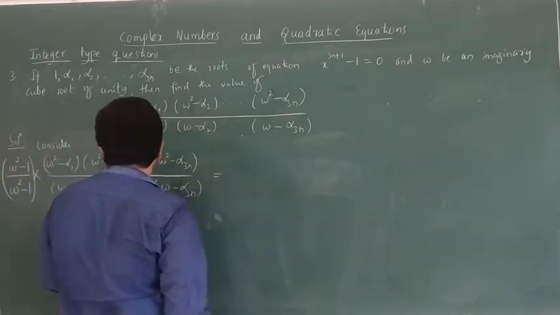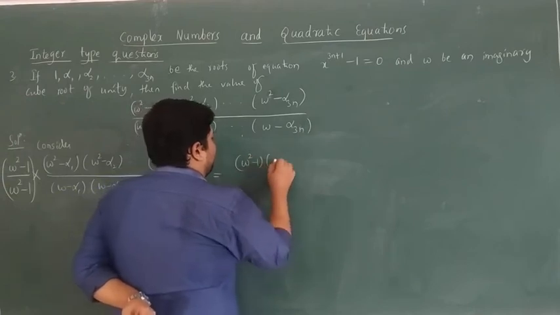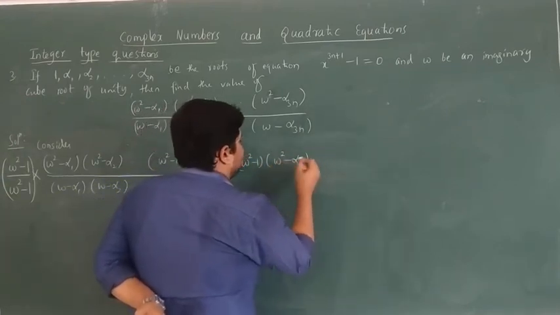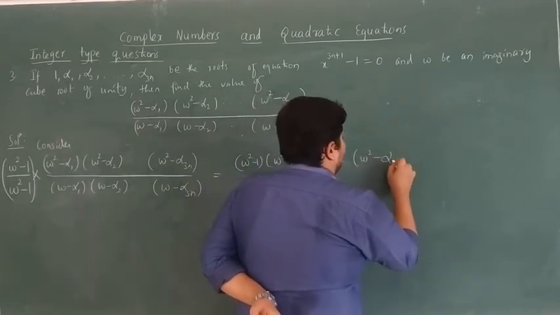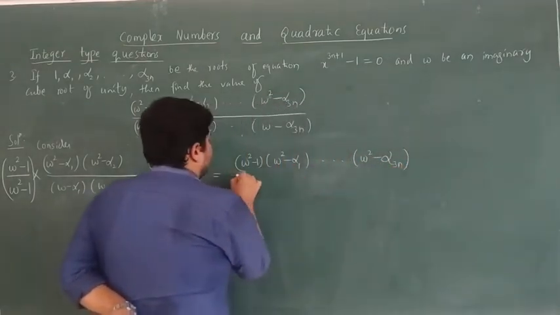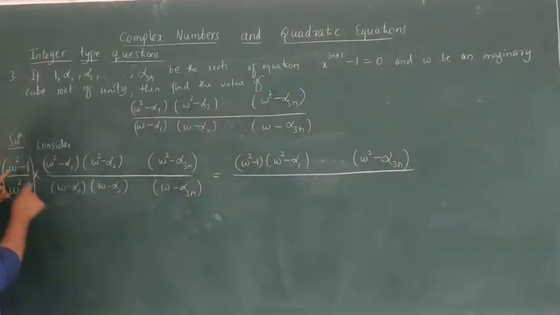Now, this one can be written as (ω² − 1)(ω² − α1) and so on up to (ω² − α3n). I can club the things over there. I will club this value with this expression.